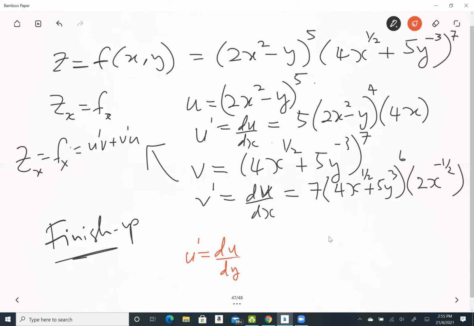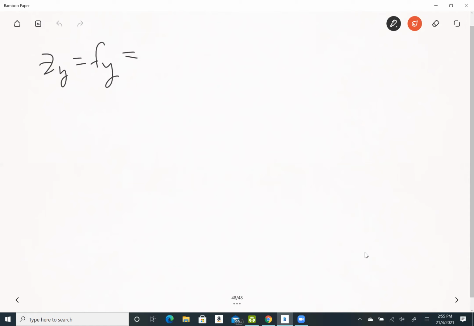y is the variable, and x now is the constant. Again, you let u be equal to the first term. I want you to try first. (2x squared minus y) to the power of 5.